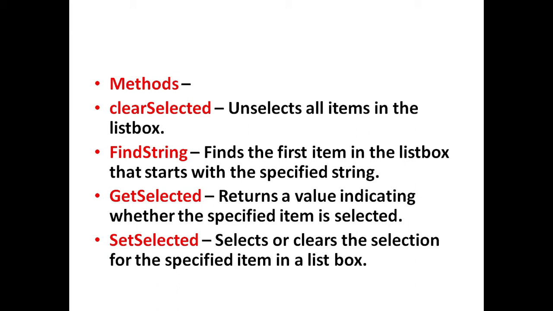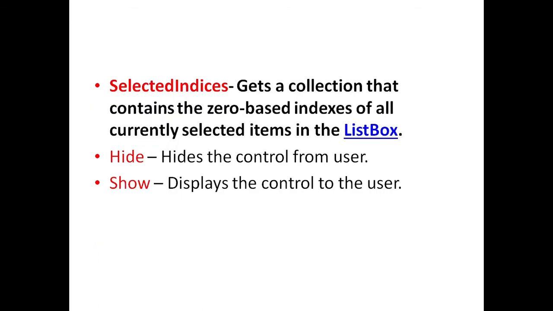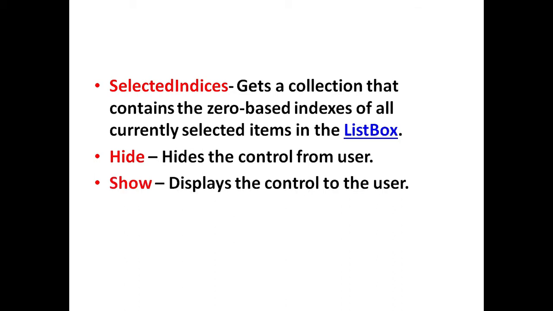The SetSelected method is used to select or clear the selection for the specified item in the list box. The SelectedIndices property is used to get a collection that contains the zero-based index of all currently selected items in the list box. The Hide method is used to hide the control from the user, and the Show method is used to display the control to the user.